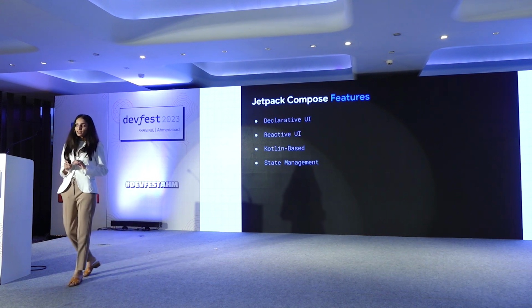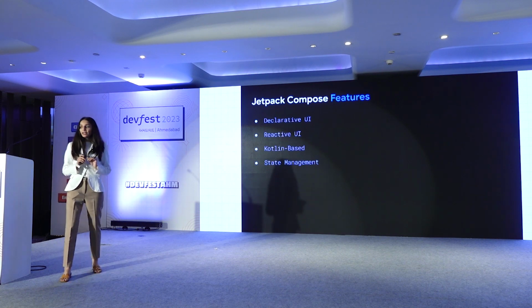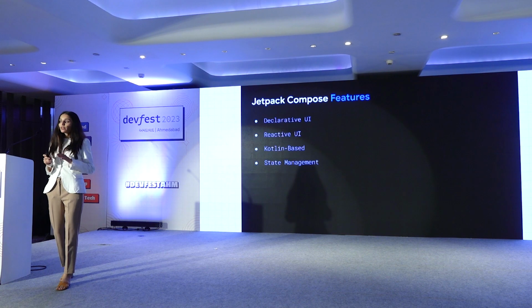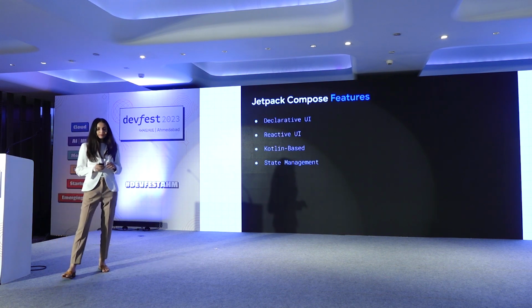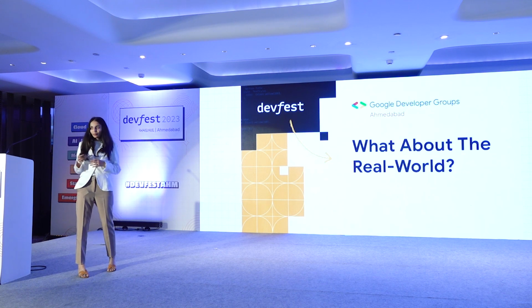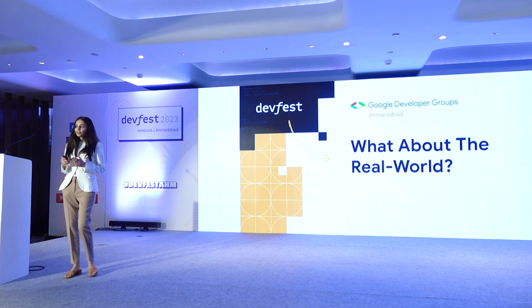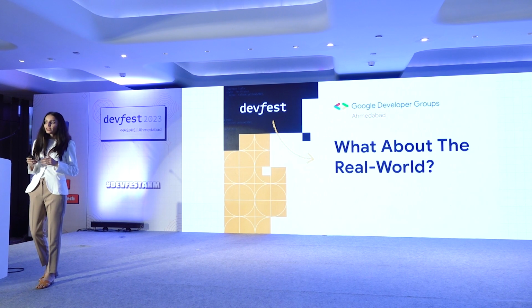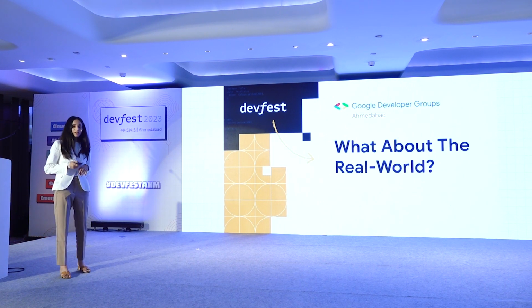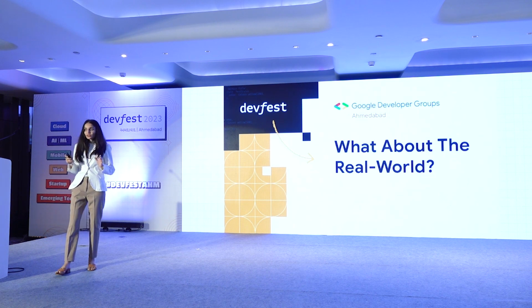The most important part, it is entirely built in Kotlin. You do not need to write XML code. Everything is written in Kotlin. State management, everything is done using state in Compose. State is the most important part of Compose. So this was about Compose.